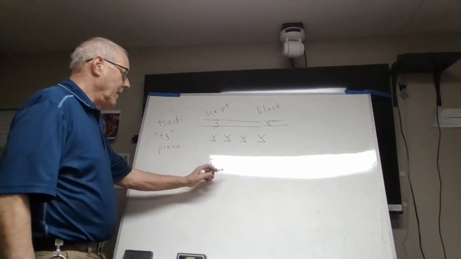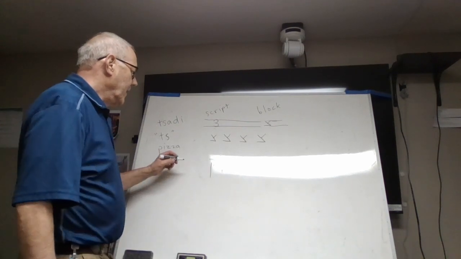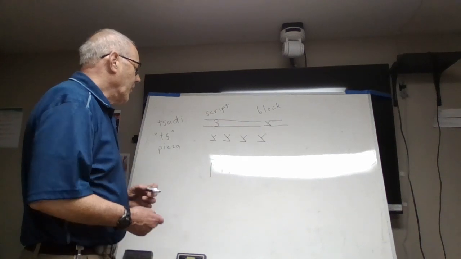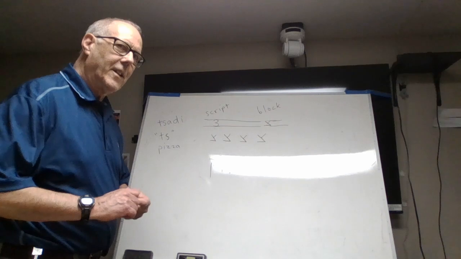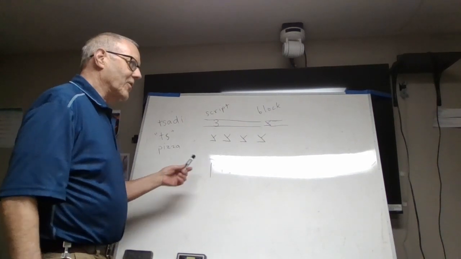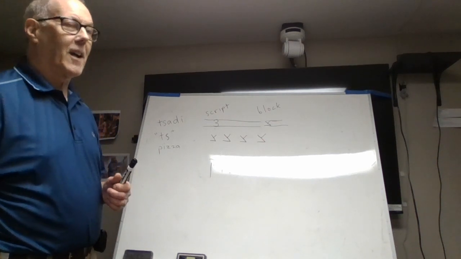You know what that name is? Isaac. Yitzchak. So if you can say Tzochek, hopefully you can say Yitzchak. But it takes practice to be able to say Yitzchak.